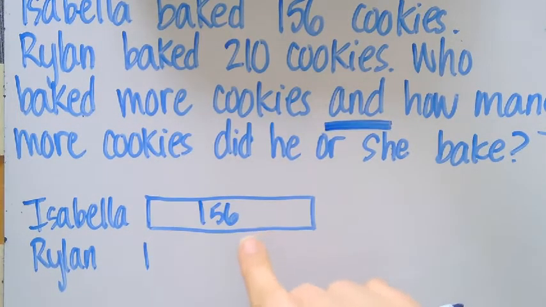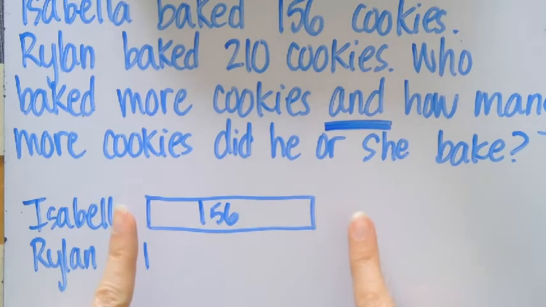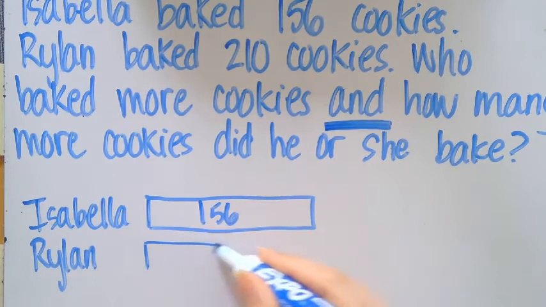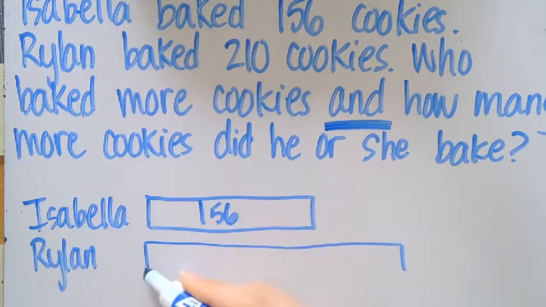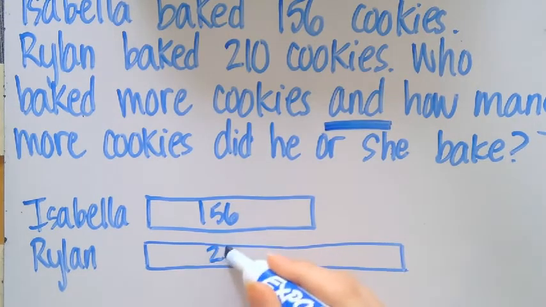So when I draw this tape diagram, is my 210 going to be the same size as my 156? No, because 210 is larger. It's a greater number than 156. Doesn't have to be enormously larger, just enough so that you can prove your point.